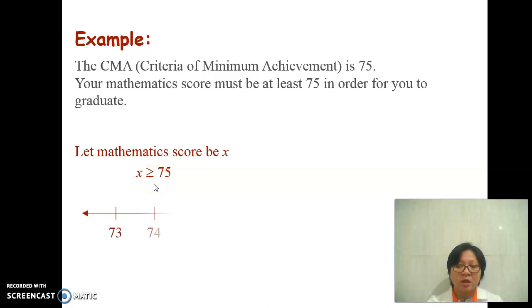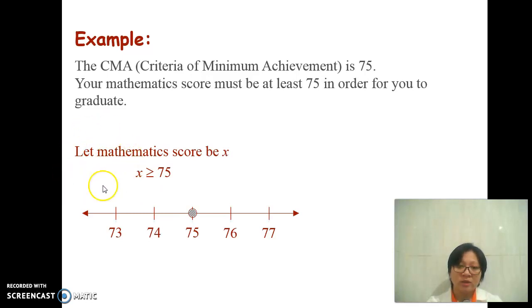And then I'm going to use a number line to represent the inequality. So start from the right side of the inequality sign, start from 75. So let's use a circle as a starting point. And then because the inequality contains equality, I need to shade the circle. It's a closed circle.